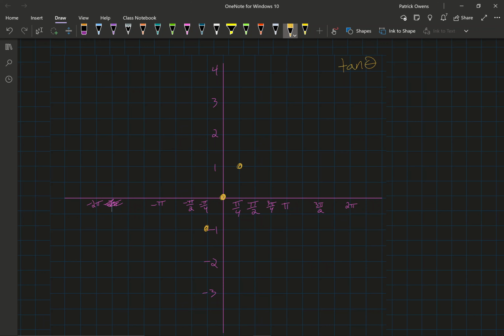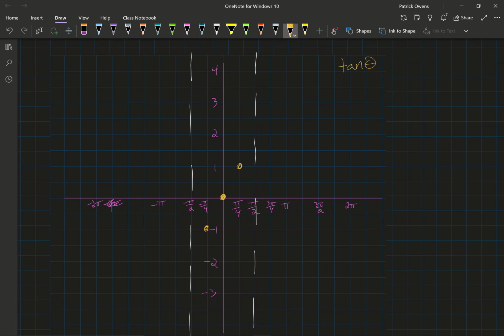Then we look at tangent of pi over 2. It is undefined, because tangent is cosine divided by sine, and then, tangent is sine divided by cosine. That's why I paused a minute.